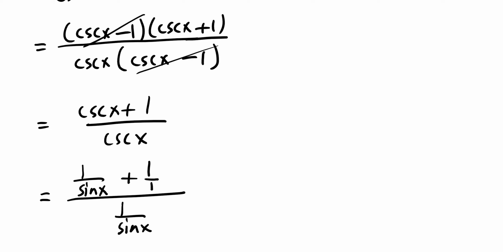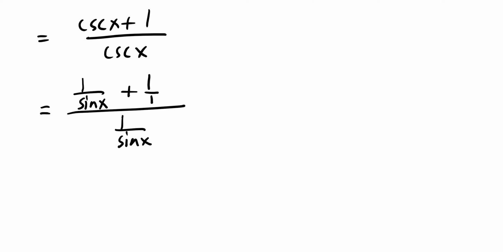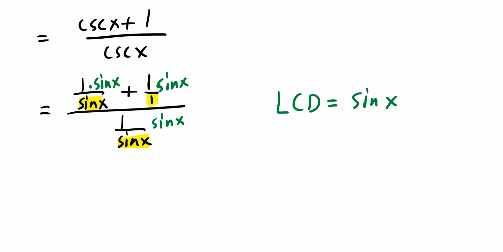The easiest way to simplify complex fractions is to multiply by the least common denominator. The least common denominator of all these fractions is simply sine x. So I'm going to multiply the top and bottom of each one by sine x. That will clean up the fractions.